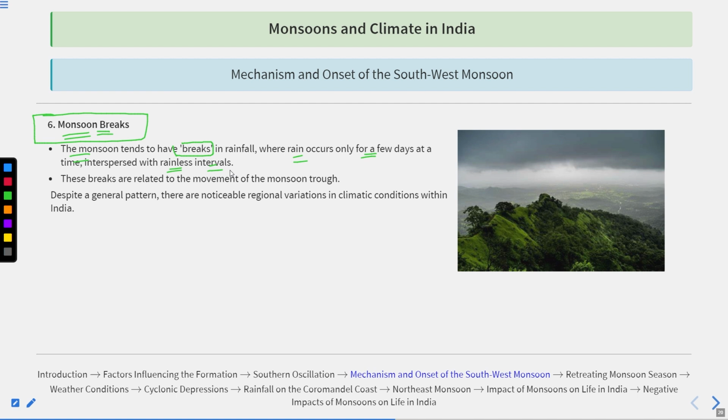The monsoon will take a break, the rains will stop for some rainless intervals and then will continue as before. These breaks are related to the movement of the monsoon trough. Despite a general pattern, there are noticeable regional variations in the climatic conditions within India.